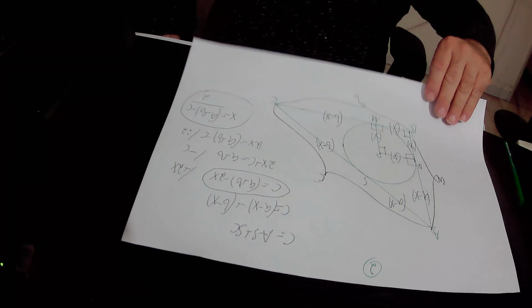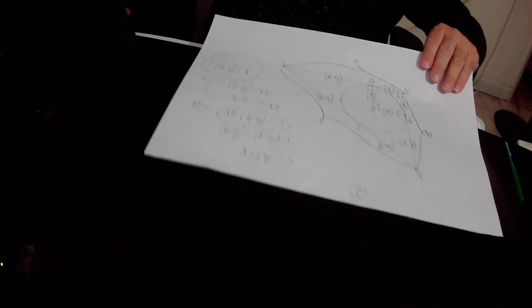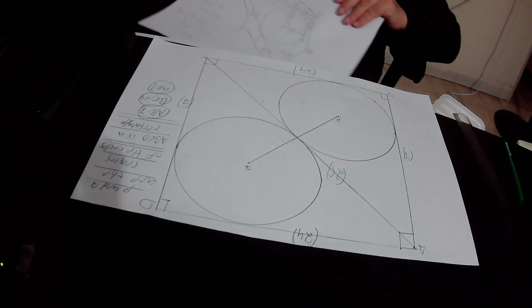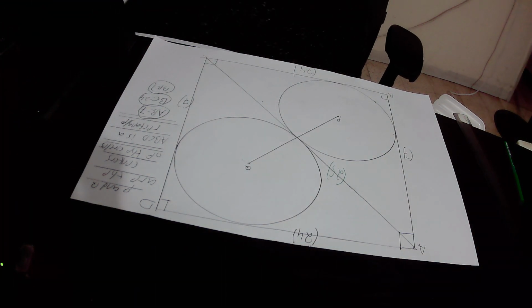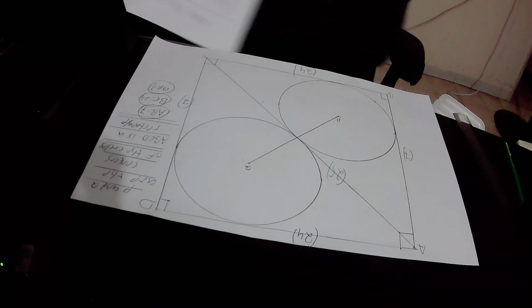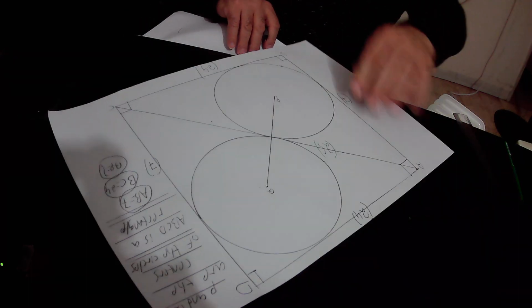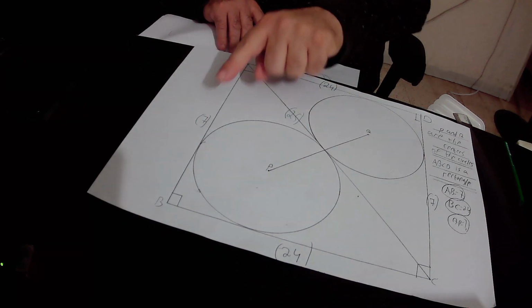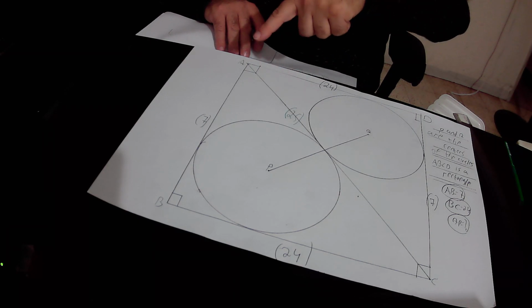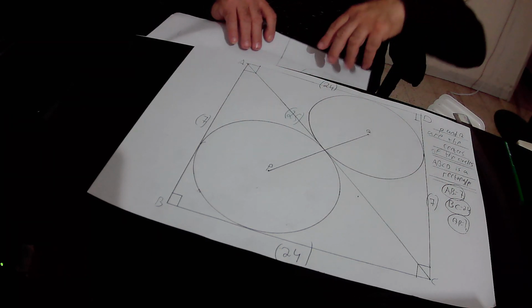Now we'll implement the new formula in order to find the radius of this circle that is blocked by the right triangle, triangle ABC.